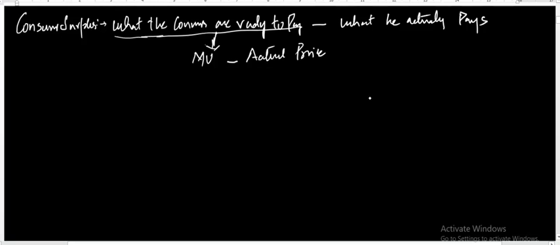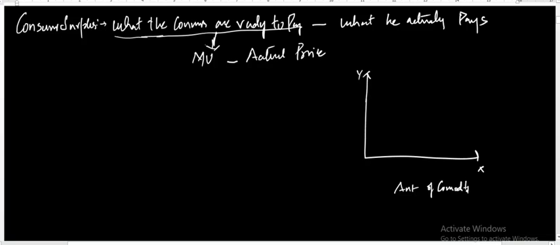Now let me, for example, plot a graph for you. On the x-axis I'm taking the amount of commodity. On the y-axis I'm taking the price and marginality.